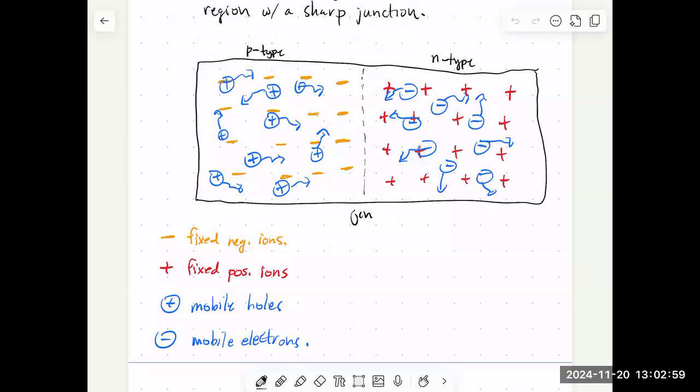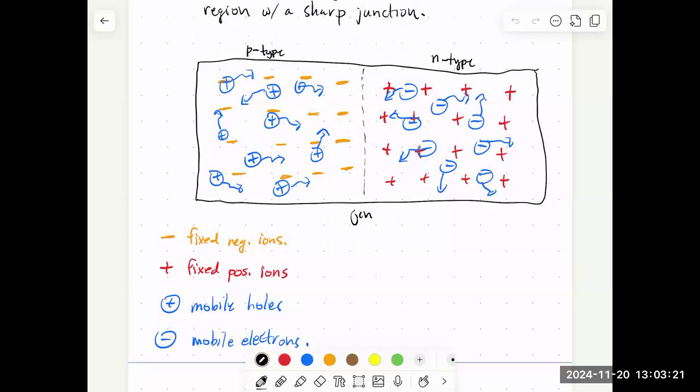They can't go anywhere. What we end up with is a region of negative charge separated from a region of positive charge. And that's like a capacitor, right? And we know when we charge a capacitor, we get an electric field that points from positive to negative. And so that's exactly what happens.